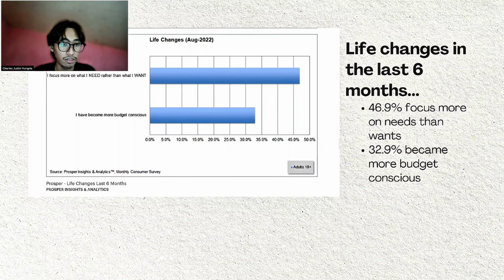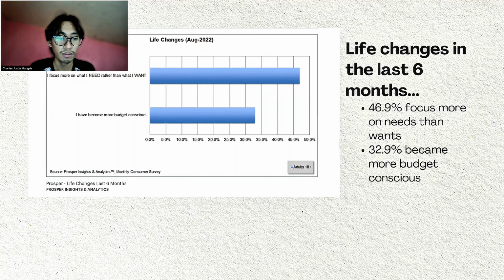This graph reflects changing priorities among consumers. In the past, consumers may have focused more on luxury, entertainment, or impulse buying. But after economic disruptions and inflation concerns, many consumers shifted toward practical spending, savings, and financial security.